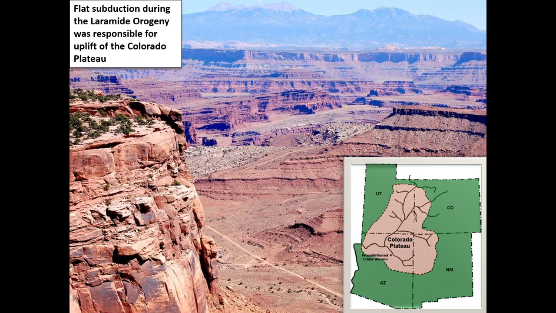So the reason that we have the Grand Canyon, right, is that you have this Colorado Plateau, which covers Utah, Colorado, New Mexico, Arizona. The reason that you have the Grand Canyon is because this area uplifted and exposed all of these very, very deeply buried sedimentary rocks.